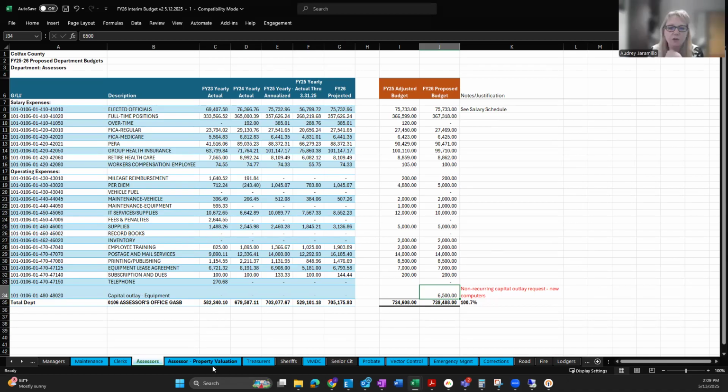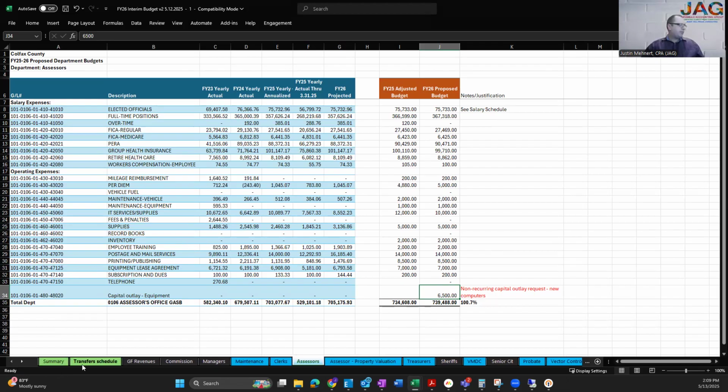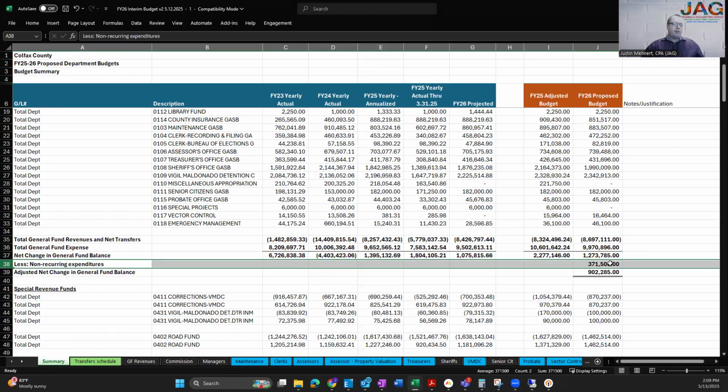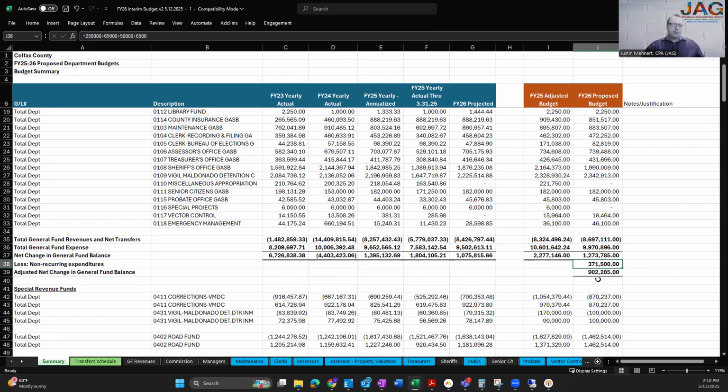And these non-recurring will come out of cash balance. Yes. And so those 3 or 4 items we just talked about and the culverts are what I'm backing out right here on the first summary tab in row 38. So just to show you what's the actual recurring budgeted deficit in general fund.